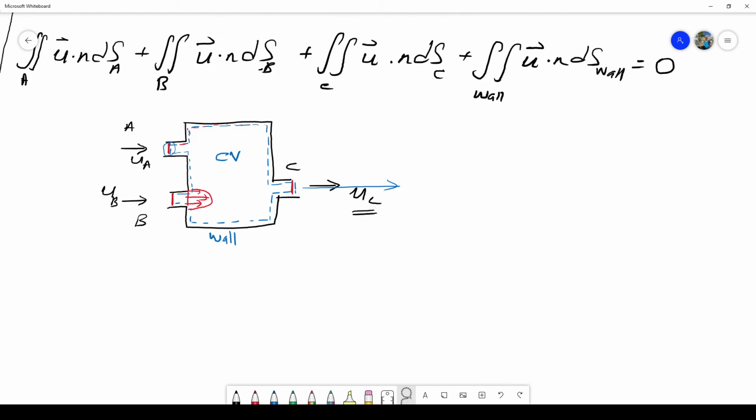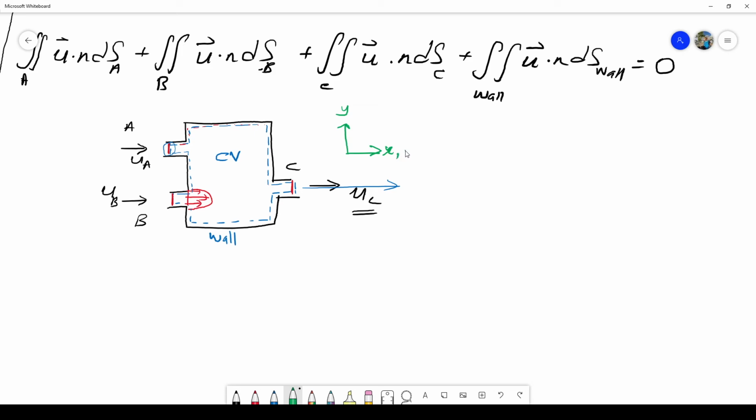All right, now let me first define the coordinate system. We take the horizontal as the x coordinate, and then y is the vertical one.